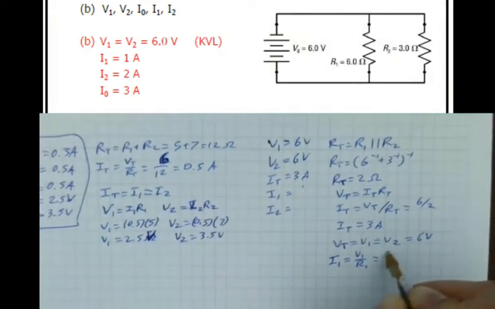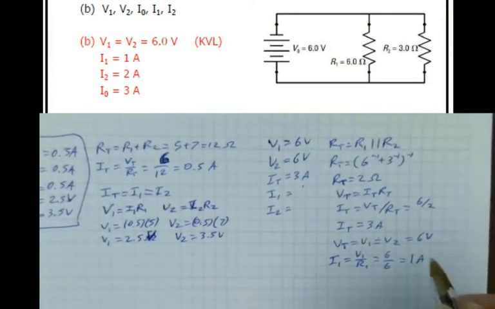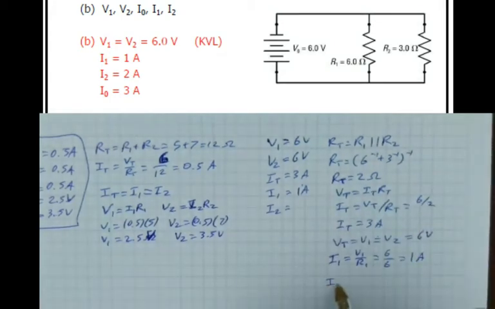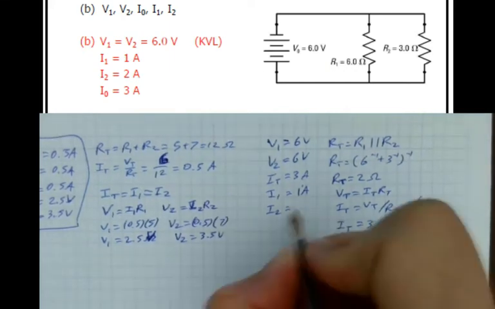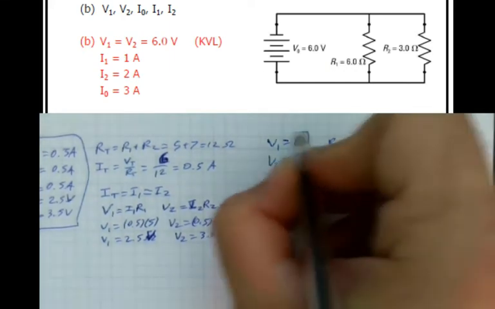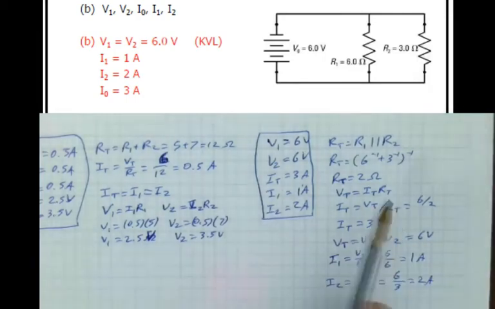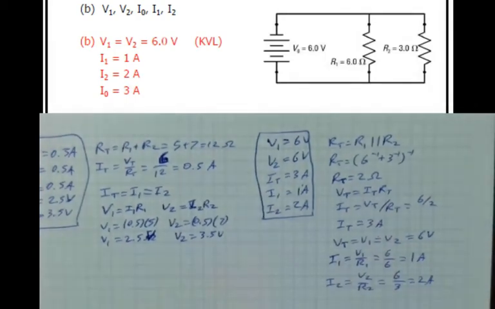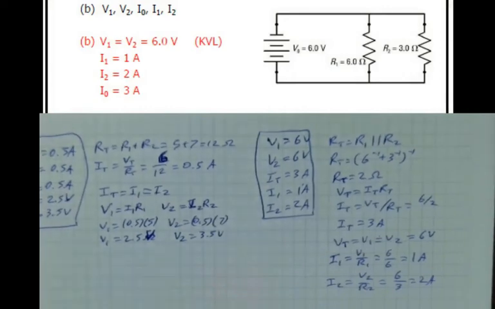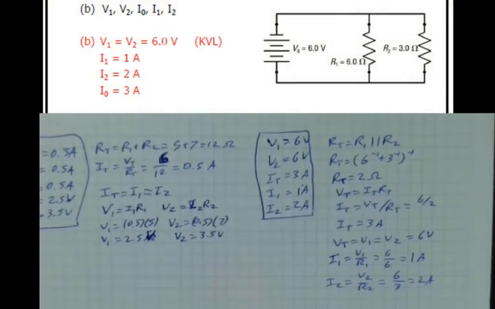So 6 divided by 6. It's 1 amp going through I1. And then I know the other one's going to be 2. This is going to be 6 divided by 3, 2 amps. I could have solved it in 2 different ways. So sometimes I go into solving for the equivalent resistance, but you could also just look at it a little bit more and you might be able to determine that you don't need to solve the equivalent resistance, because that is kind of a big step.